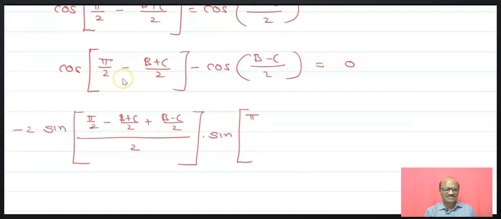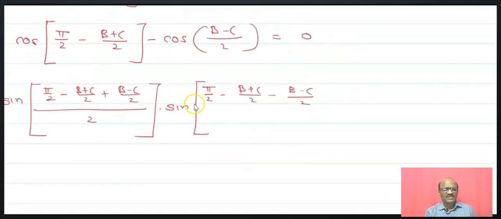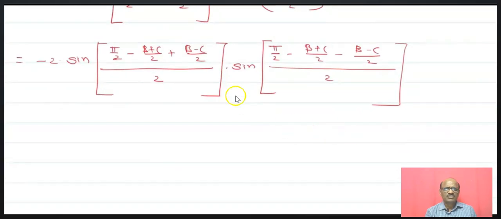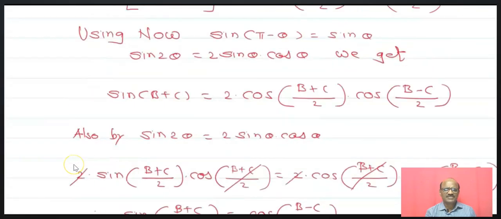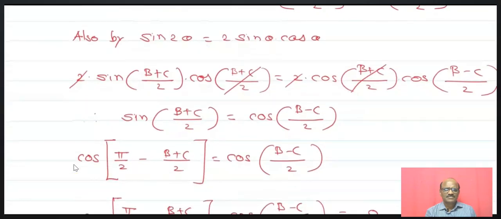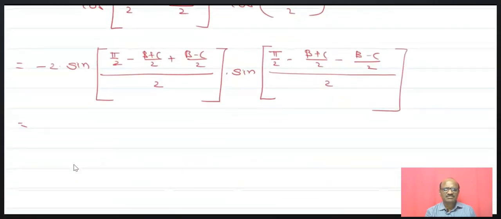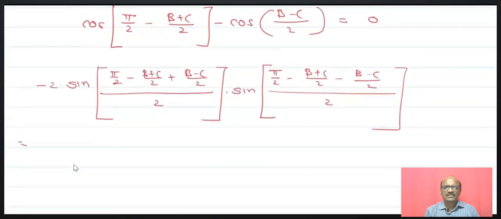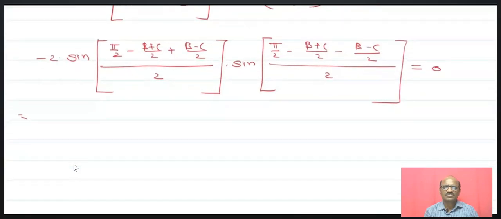Now here c is pi by 2 minus (b plus c) upon 2 and d is (b minus c) upon 2, and sine of the subtraction of these two terms equals 0. Now we'll simplify here. There are big terms, that's why my screen is moving up and down.